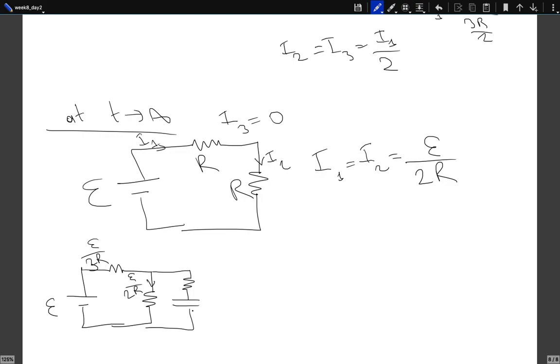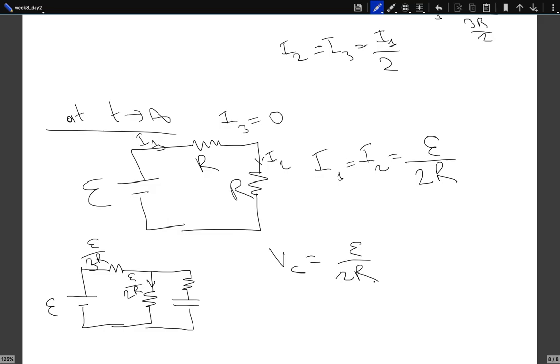So the potential difference between these 2 points is just the potential difference across the capacitor, because the resistor doesn't change the potential. The potential difference between these 2 points is the same as between those 2 points. So the potential difference across the capacitor is just epsilon over 2R.